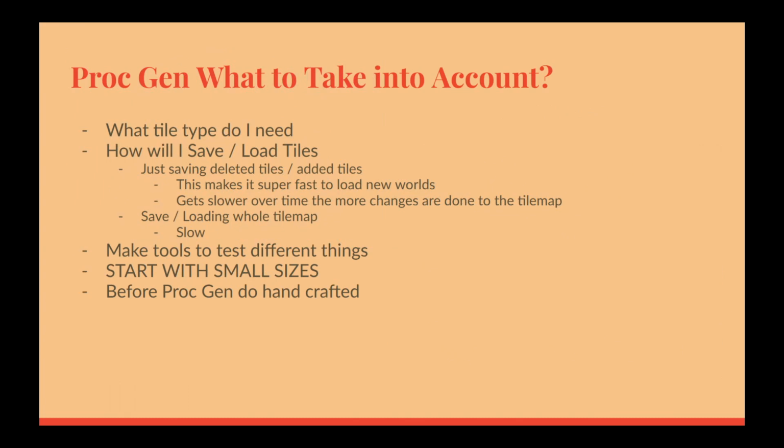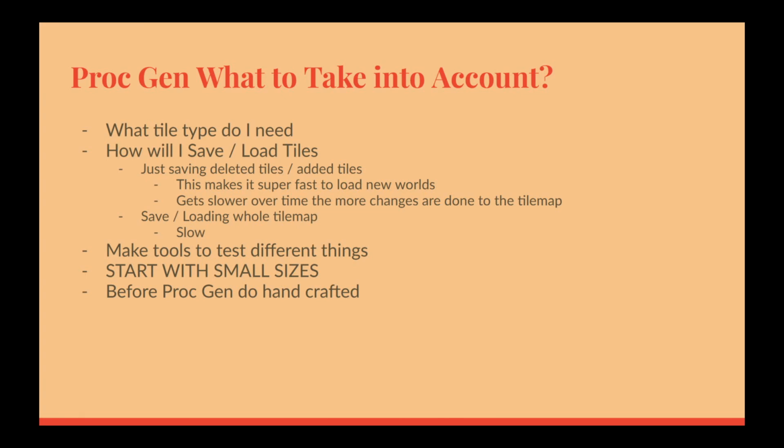So, procgen, what to take into account. What tile types do I need? I went over that before. And how will I save and load tiles? There are two ways you can go about saving and loading them. You could have the world already built in the game, and you basically just edit the deleted ones.